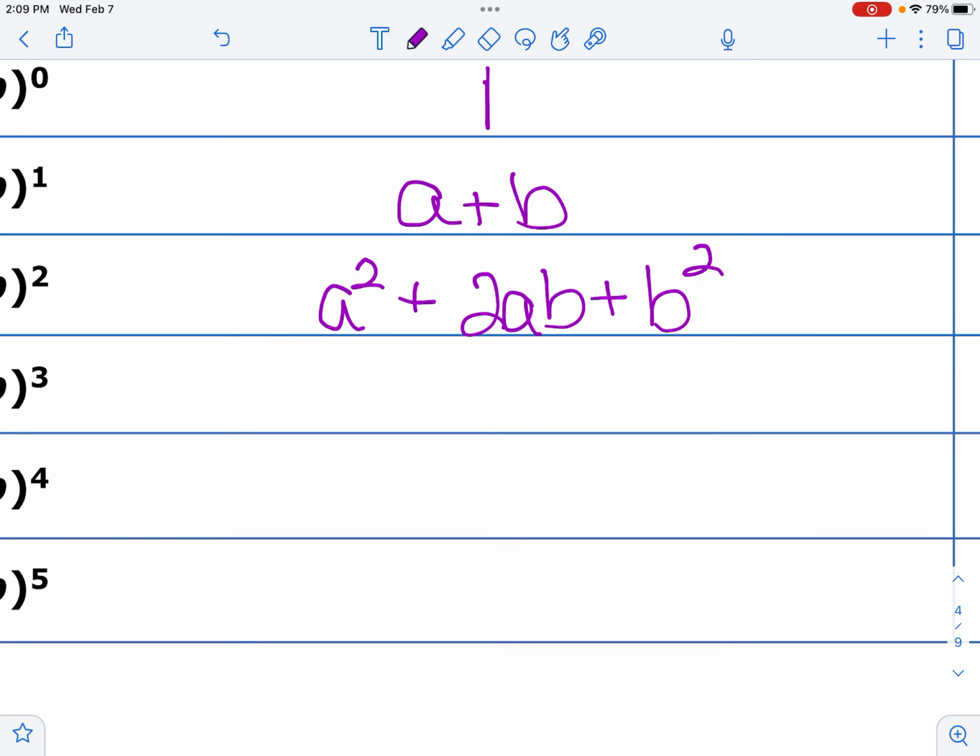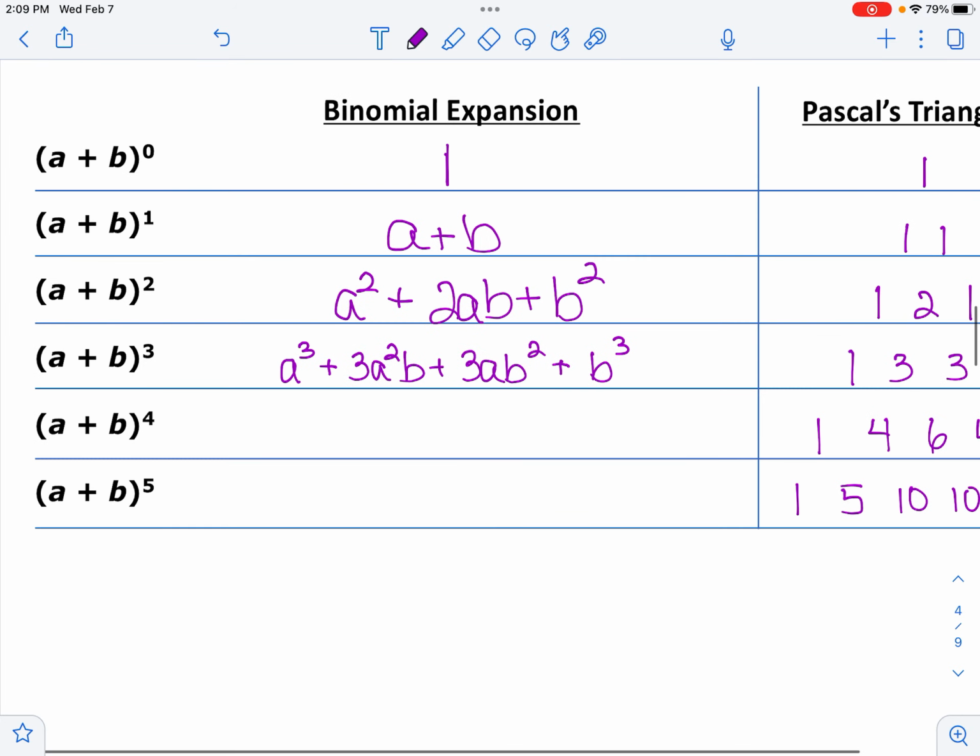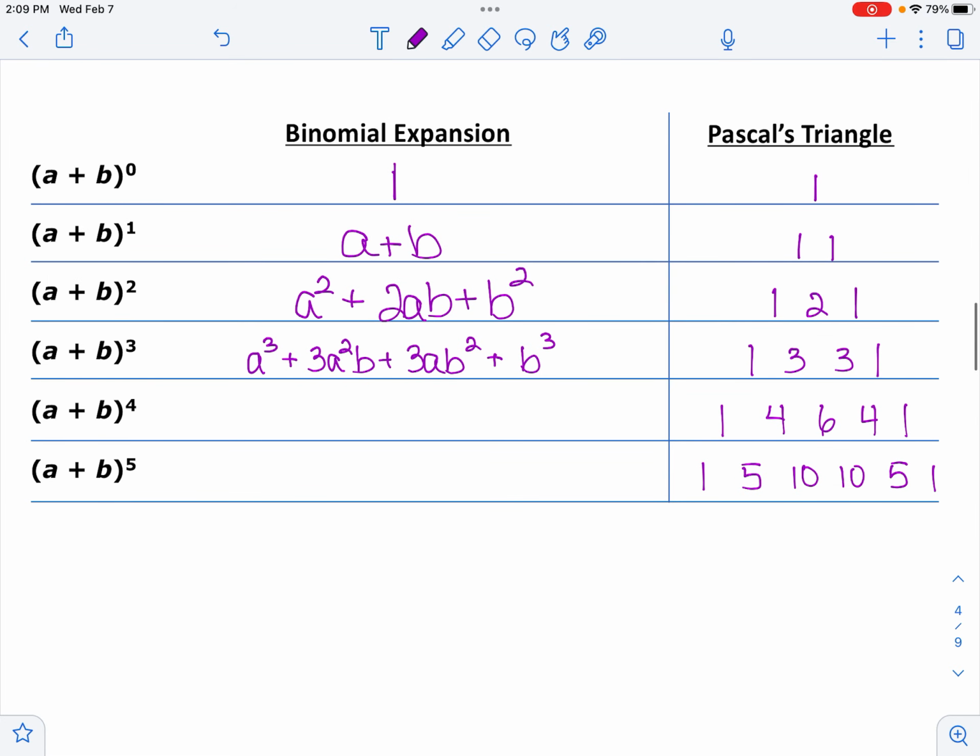Let me get my pen going. There we go. A to the third. I'm just copying what we had up top. Okay, now I'm going to continue this, and I'm going to just kind of expand these and show you what you get.